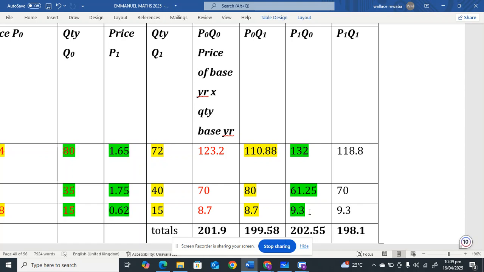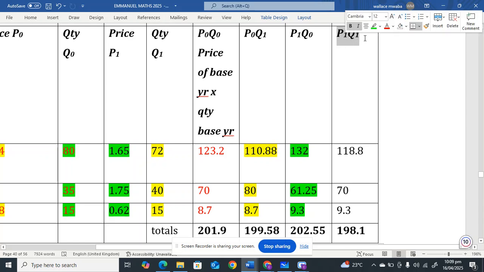Okay, so as you have just seen, we're just multiplying price times quantity. In the final column, the price of 2022 times the quantity of 2022.